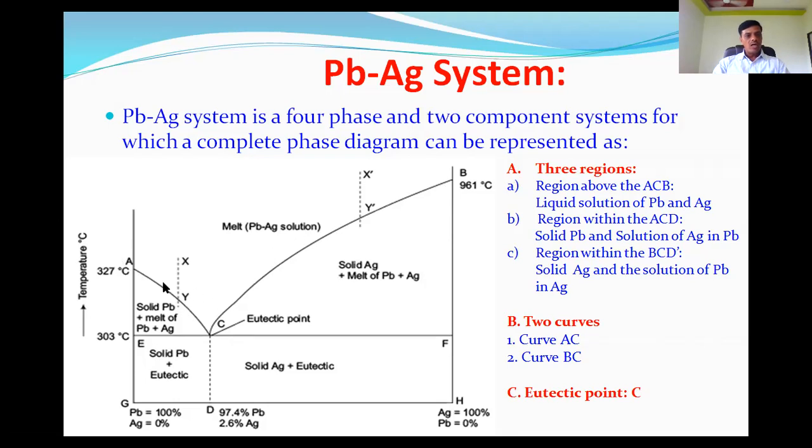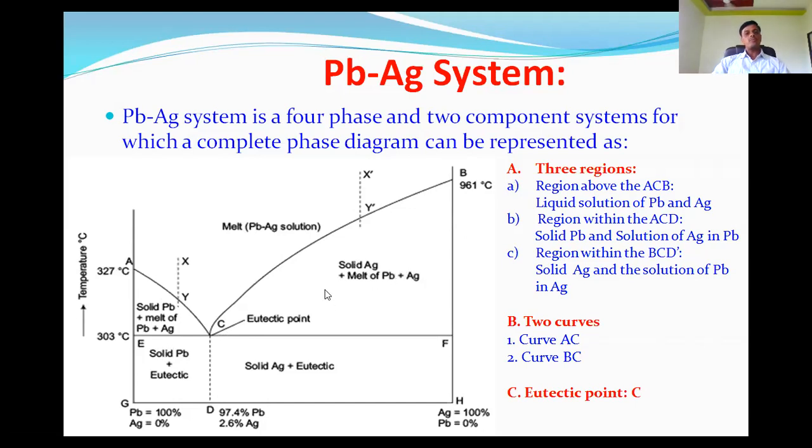In the area above ACB, the solution of lead and silver has a stable existence. The area below ACD has solid lead, and in the area below BCD, only solid silver exists.